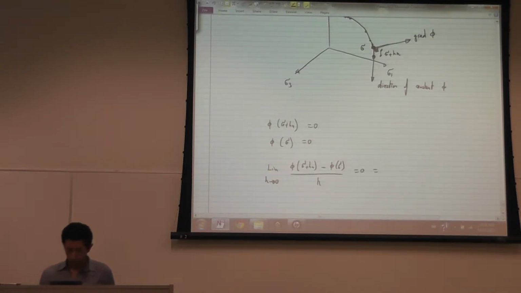This is equal to the gradient of phi. And so the gradient of phi, with respect to its parameters, sigma and the stresses, is perpendicular to the direction of constant phi.